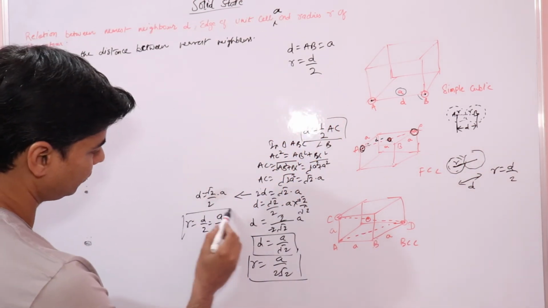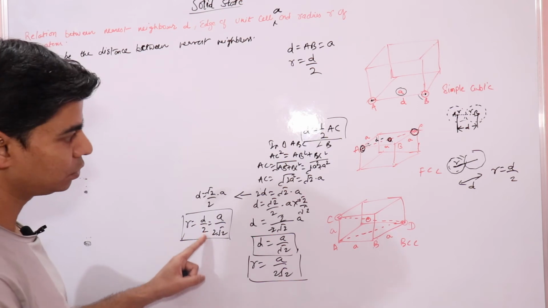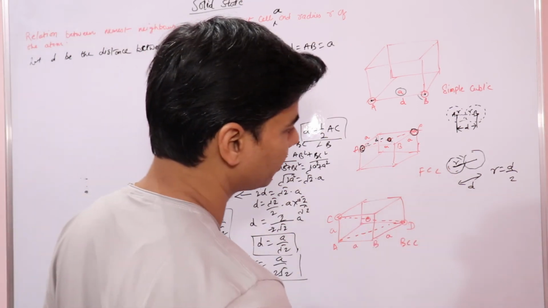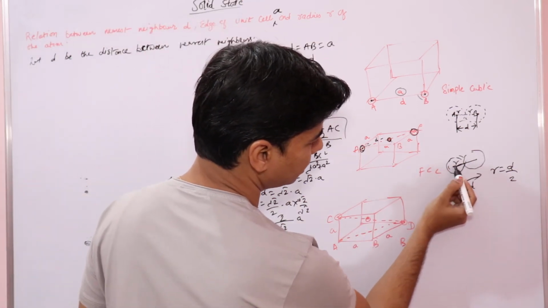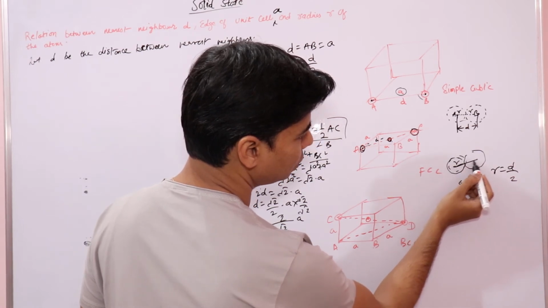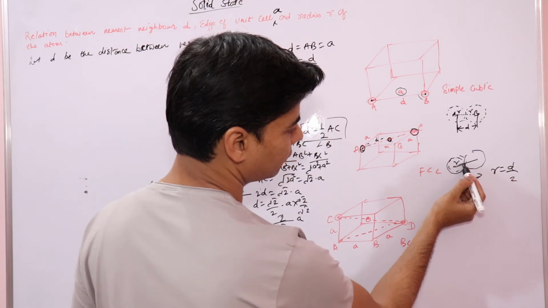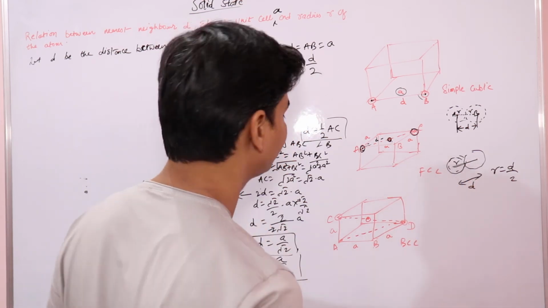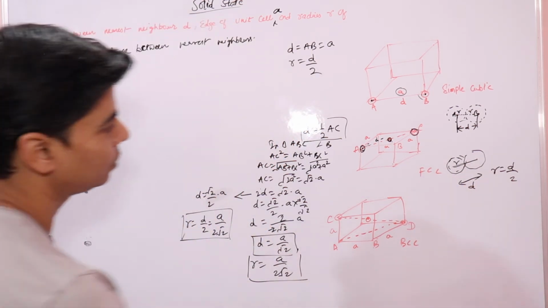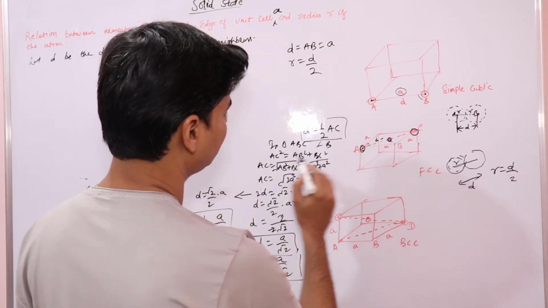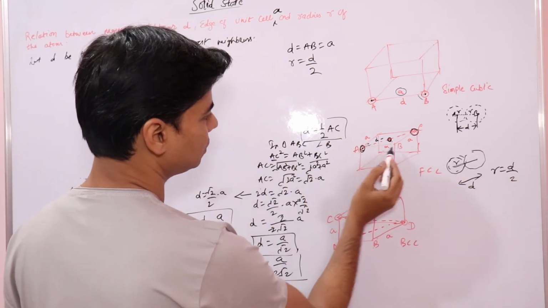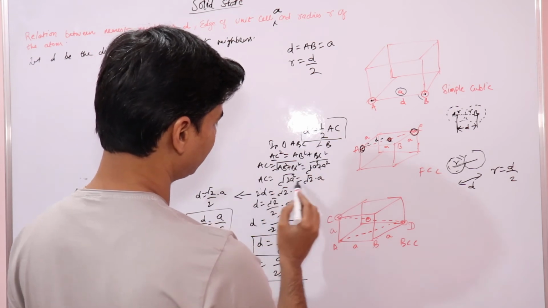This is what we have mentioned here. R is equal to D by 2. We got it from here. This is D, this is R. So R is equal to D by 2. This length is half of this. This is what it means. Now if you take this triangle, AC squared is equal to AB squared plus BC squared, right?